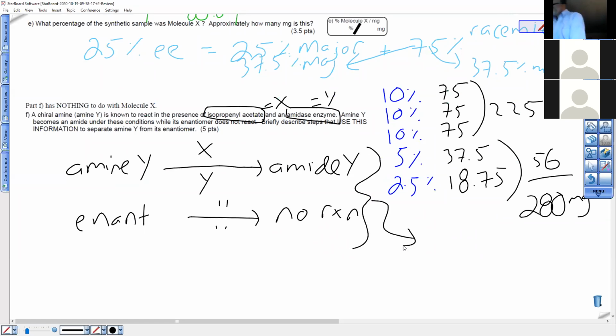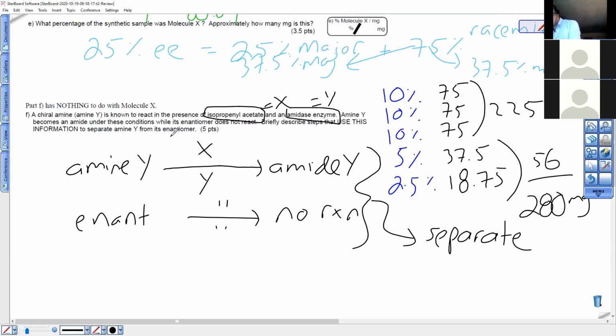Now they've got different functional groups. You just separate them. All right, so you have amide Y, and I want amine Y by itself. Does it say that? Briefly describe the steps that use this information to separate amine Y from its enantiomer.